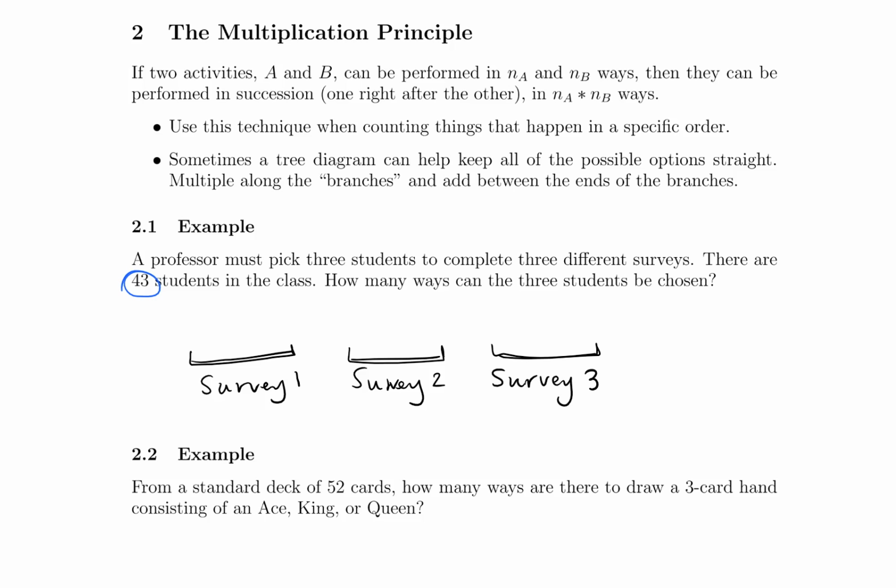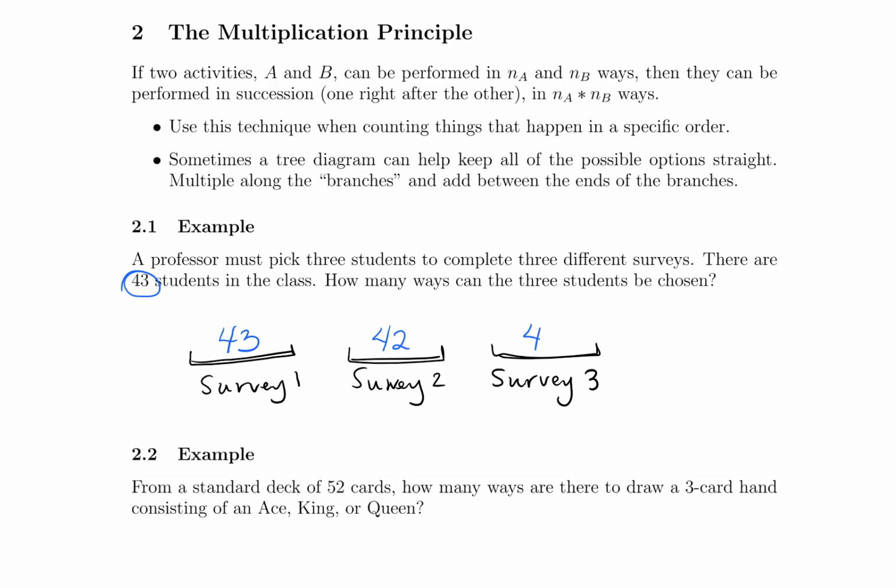So how many choices does the professor have for survey number 1? Well, they could pick any one from all 43 students. So they pick a student, and now that student has survey 1. Now, from the remaining 42 students, they're going to choose who's going to complete survey 2. And so we end up with only 42 students as a possible choice for survey number 2.